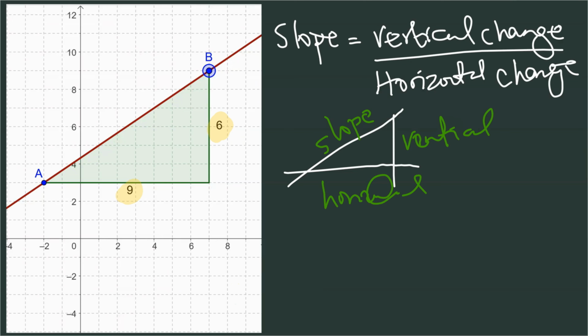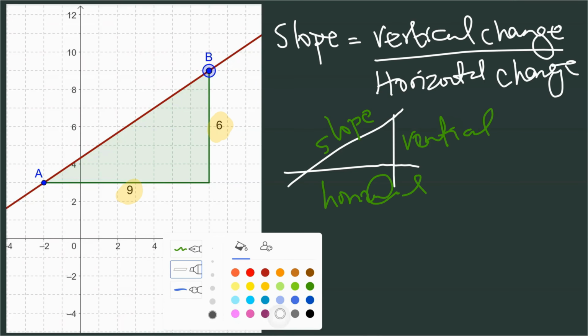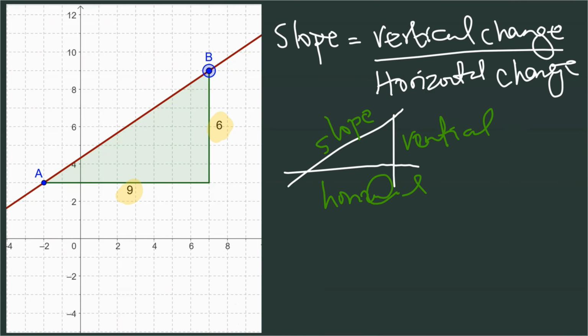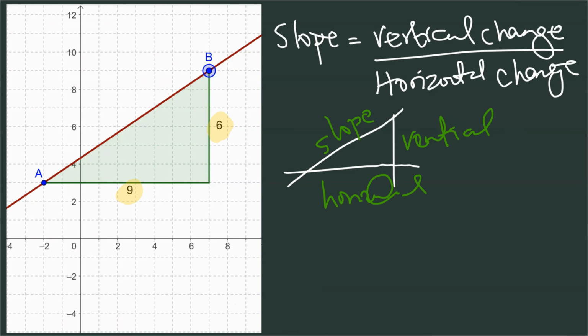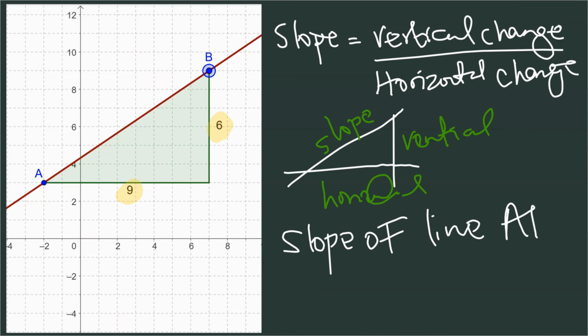So to find the slope of line AB in our graph, the slope is vertical change over horizontal change.